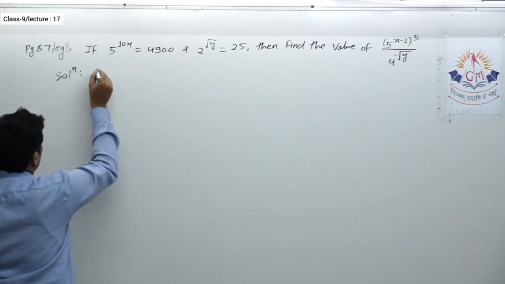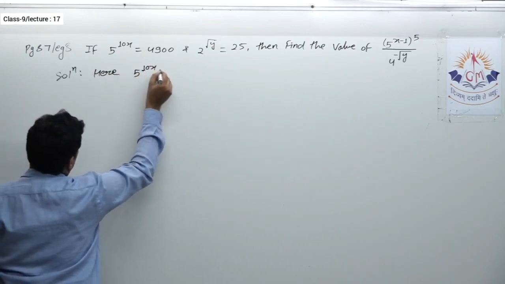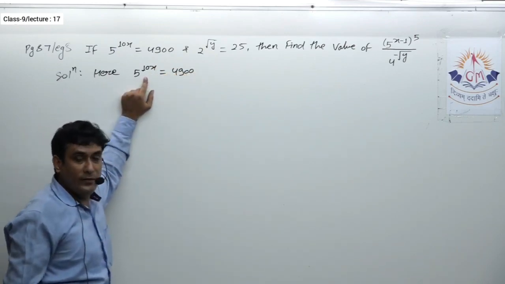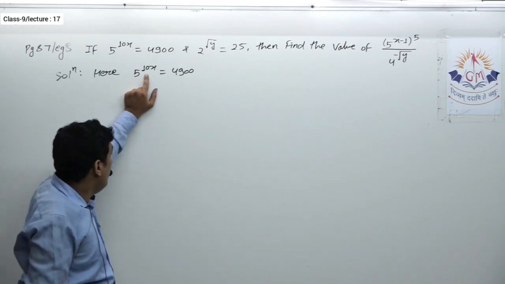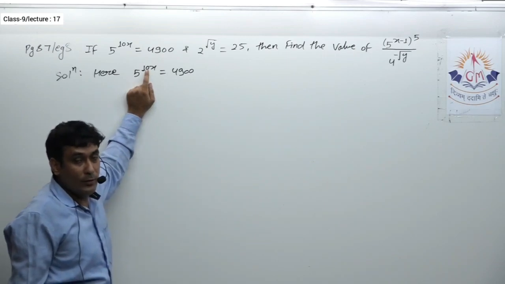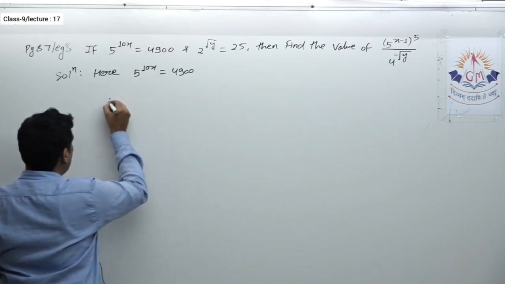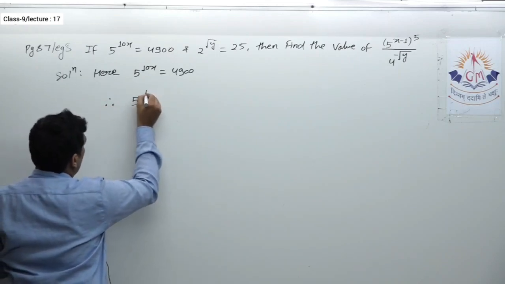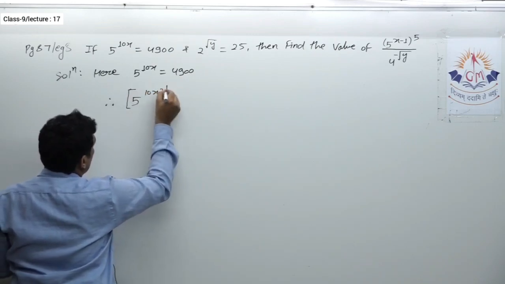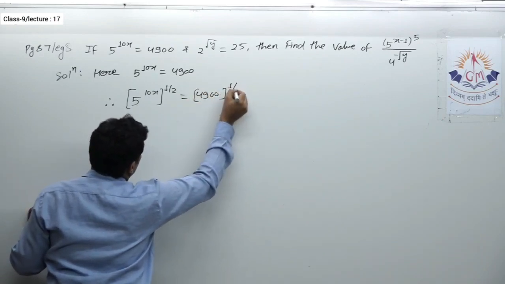Here we have 5 raised to 10x is equal to 4900. Just now we saw that we need 5 raised to 5x. So to get 5x over here, I need to divide it by 2. That means I have to multiply by 1 by 2. In other words, I have to take the power 1 by 2. So 5 raised to 10x, raised to 1 by 2, is equal to 4900 raised to 1 by 2.